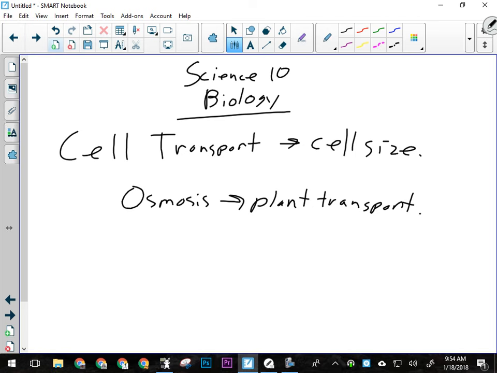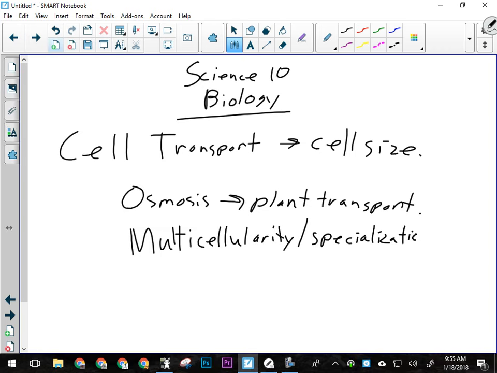Layers of the leaf. Should we know those? Yeah, for a couple of reasons. First off, it's how a plant works, and secondly, it has to do with this. Specialization was kind of a big deal when we were talking about eukaryotic organisms and multicellular organisms. Having all those different organelles allows you to become specialized and do particular jobs.